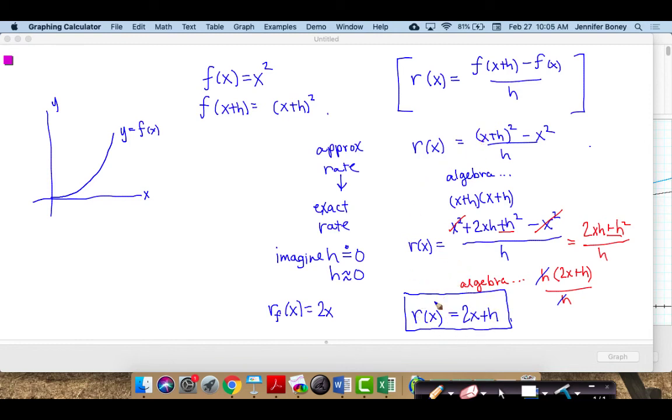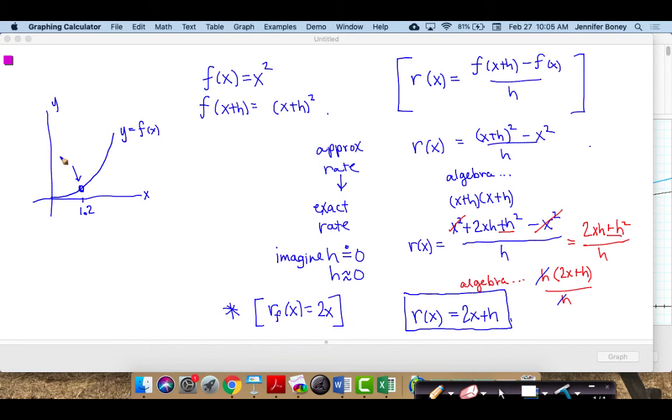the smaller h gets, the closer it gets to being this, which means this curve here, visually speaking, this tells me about the steepness of it. For any value of x, say x equals 1.2, at 1.2, in that moment, the rate of change is 2 times 1.2.